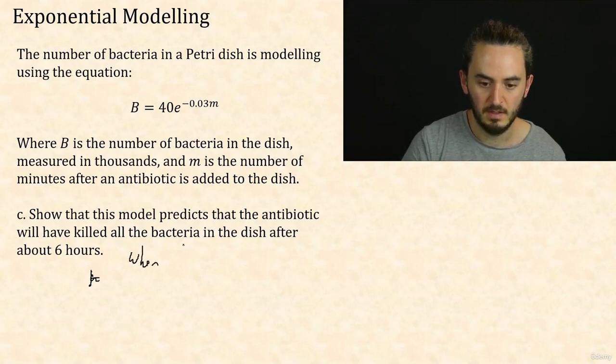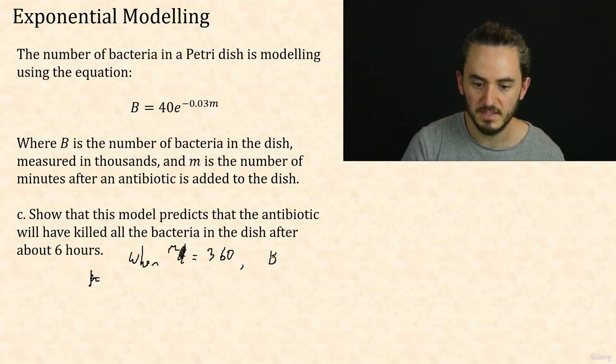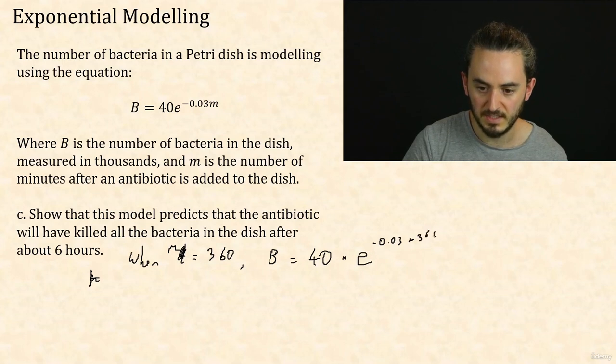When m, number of minutes, equals 360, B is 40 times e to the minus 0.03 times 360.